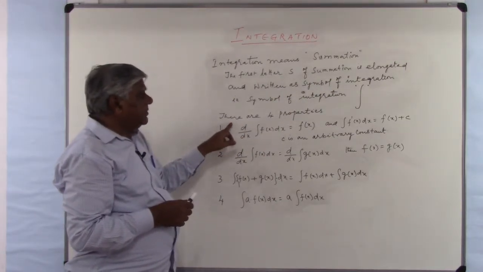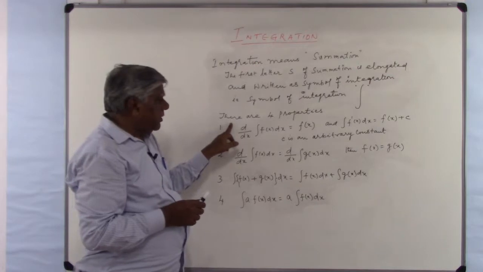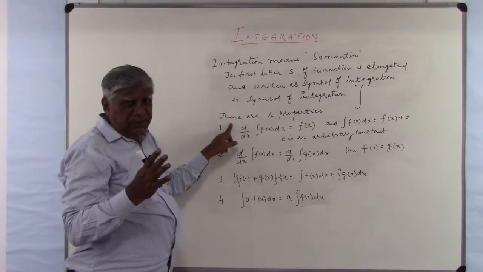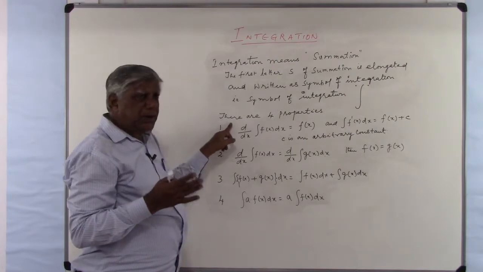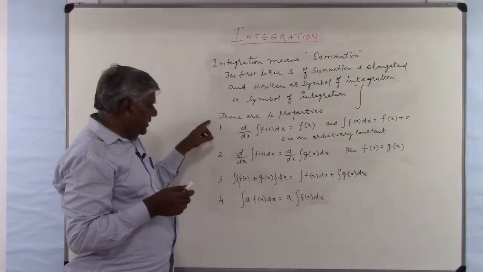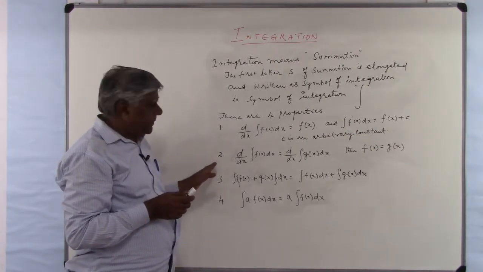In case of integration, we have to observe three properties. Maximum it is 4 properties, but 3 properties are very important. Of course, you can take it as 4 properties here.